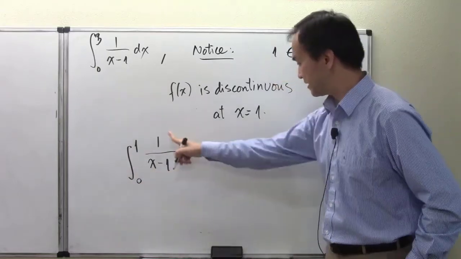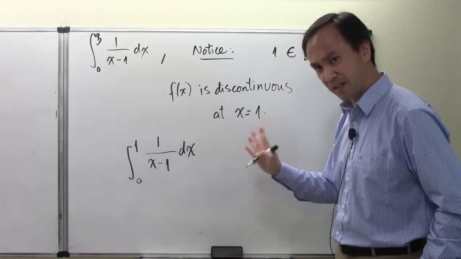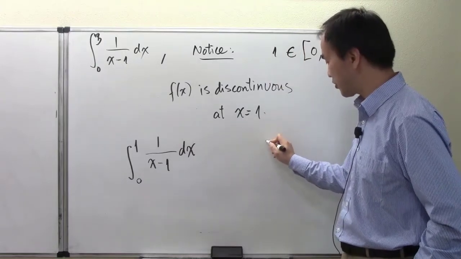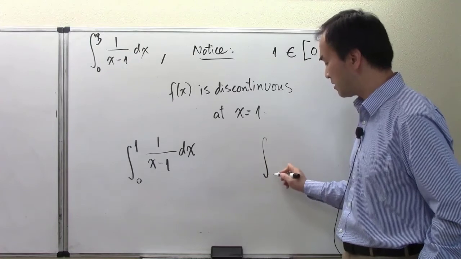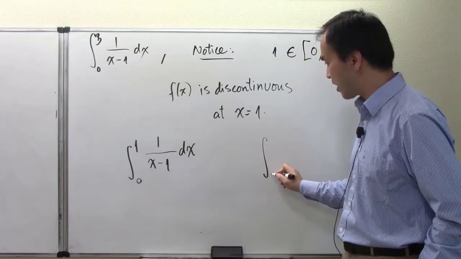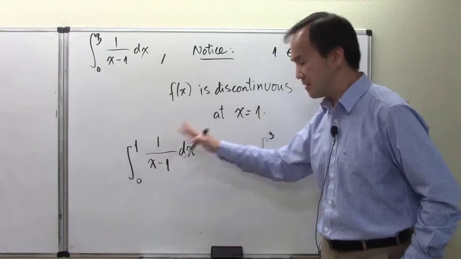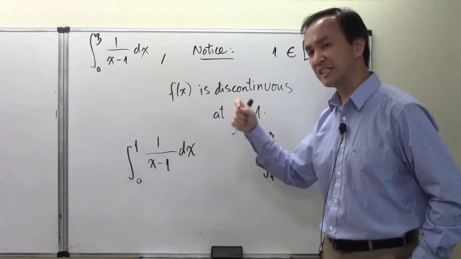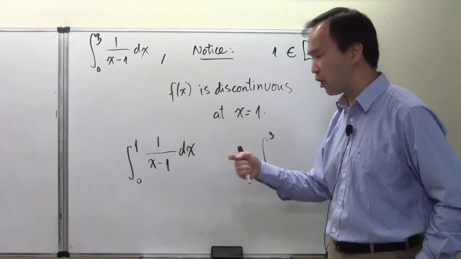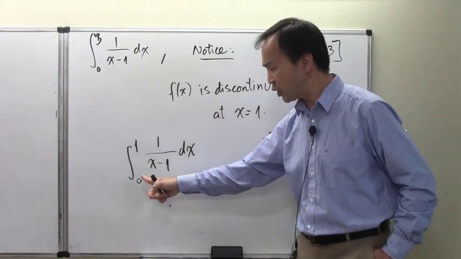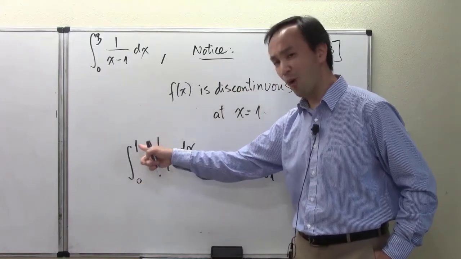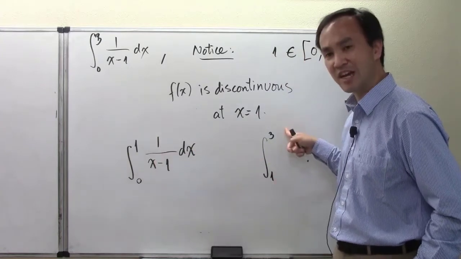But then, keep thinking back of that graphical illustration. We can also produce another integral that runs from 1 to 3. This is completely consistent with the idea of a definite integral, where we can accumulate from 0 to 1 and from 1 to the other end of the interval.